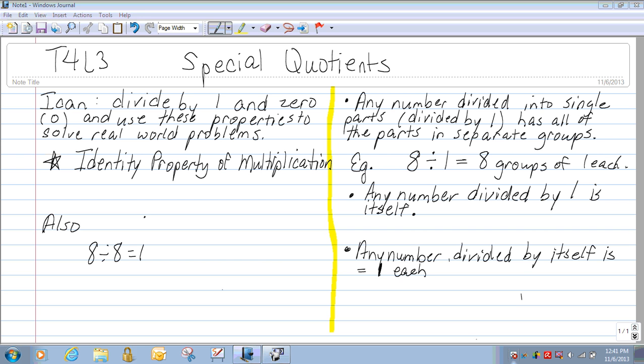Okay. So another way of saying that is all 8 items divided into 8 groups equals 1 in each group.